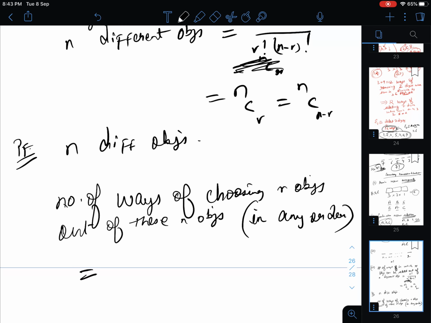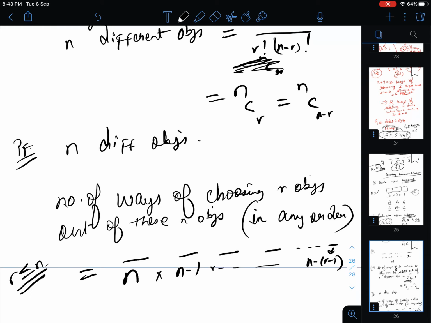Suppose you want to choose R objects such that ordering is important. So you have n choices for the first place, n minus 1 choices for the second place, till n minus r minus 1 choices for the last place. Okay, so this is the total number of arrangements of R objects taken from n different objects, where obviously R must be less than or equal to n.